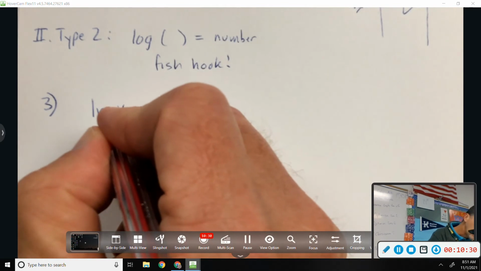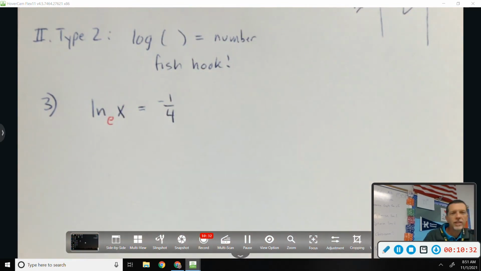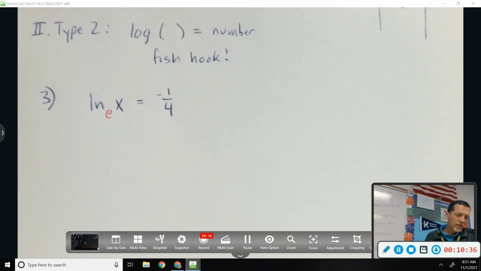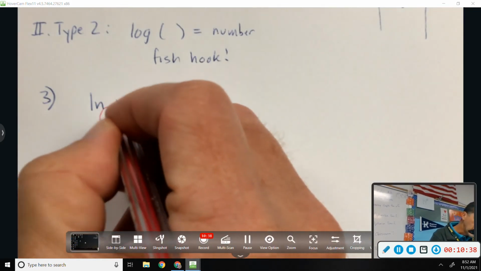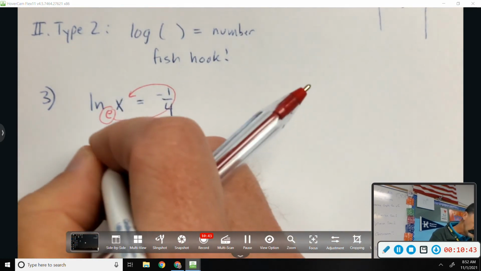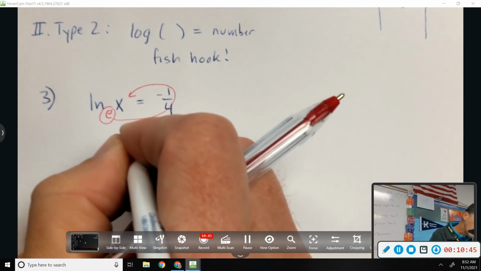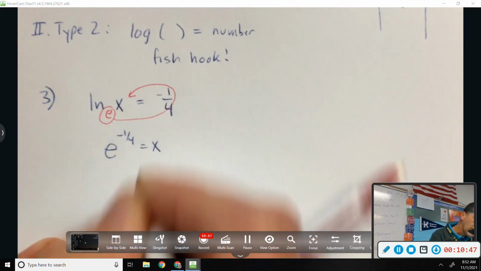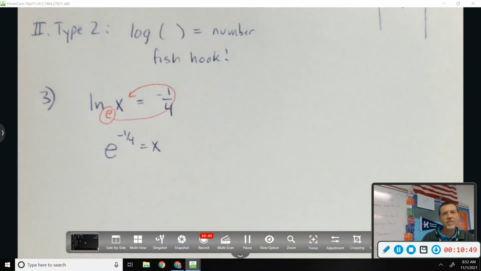So yes, there's an imaginary e down there, or not imaginary. That's a math word, so I shouldn't say that. An invisible e down there. And when we fish hook it, we get e to the negative 1/4 equals x. Oh, and then we're done because we just solved for x. We set out to fish hook it, and we sort of accidentally solved the problem to begin with.